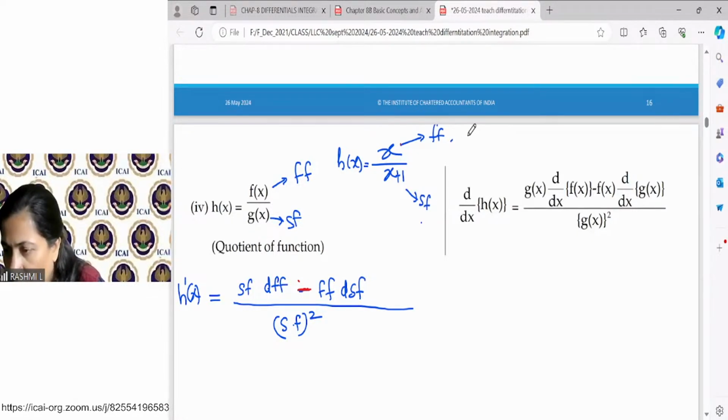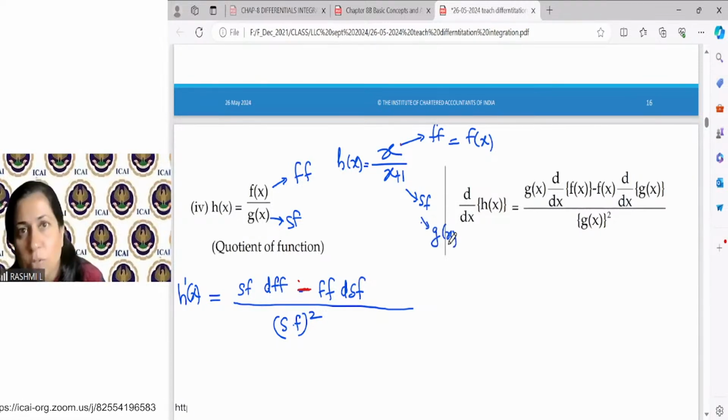Or you can call this fx and this gx. If you're comfortable with f and g, use f and g. But what I do is I always remember in words. So for those who find it difficult with f and g, second function whole square, second function into derivative of first minus first function into derivative of second.